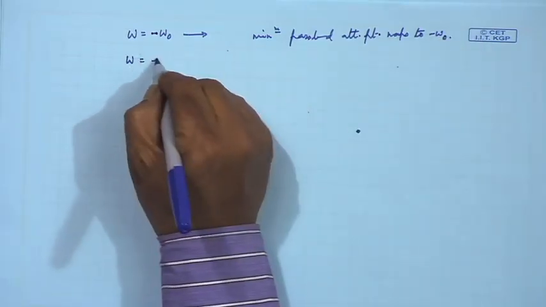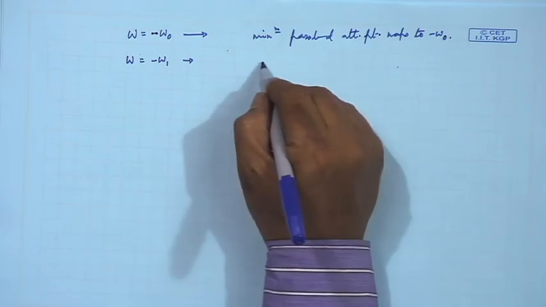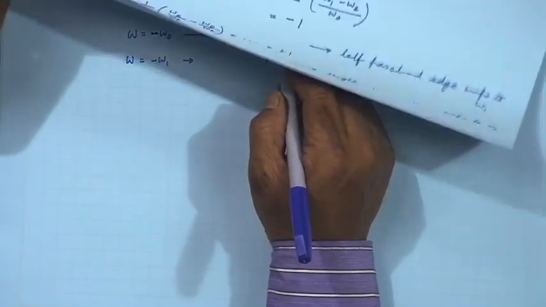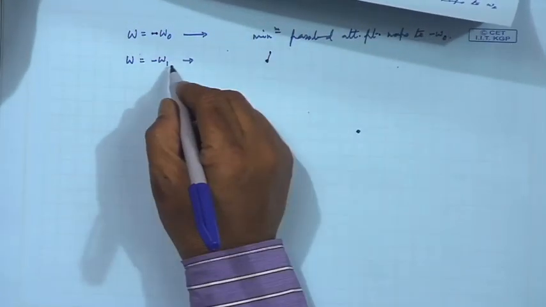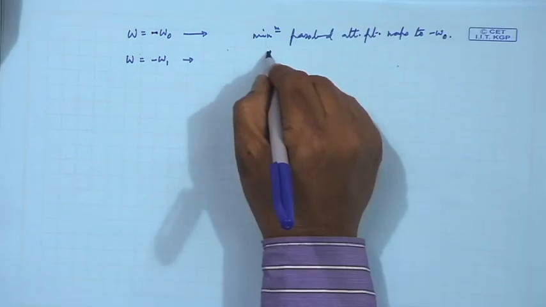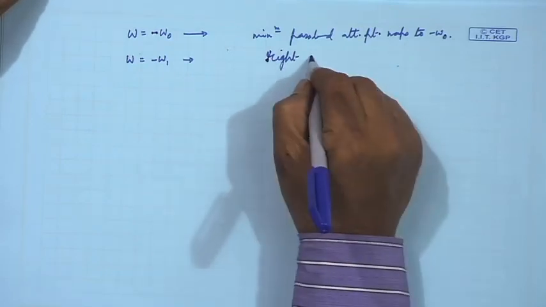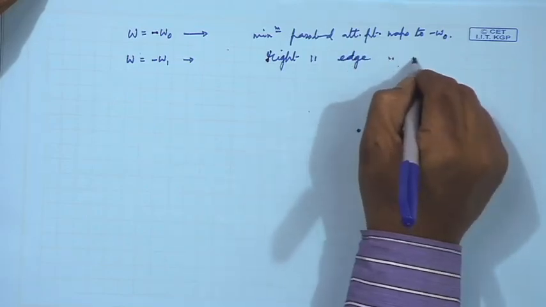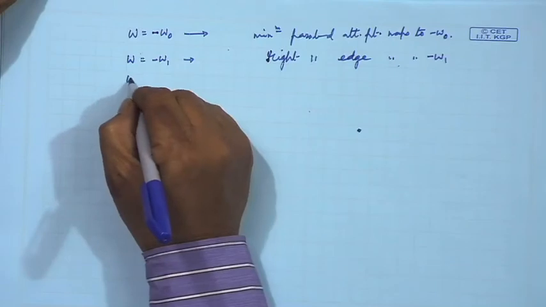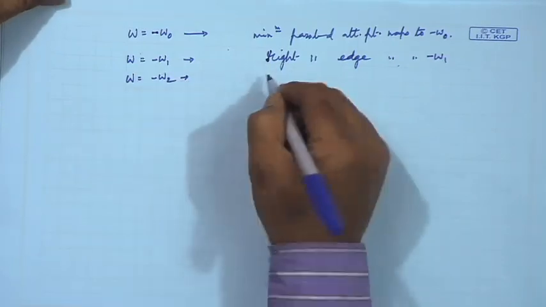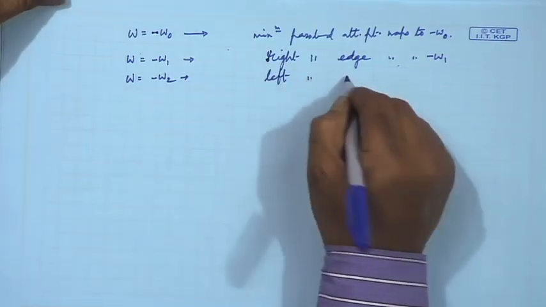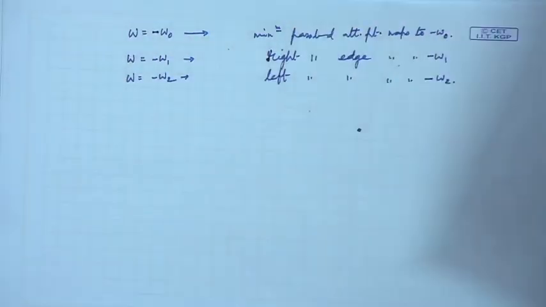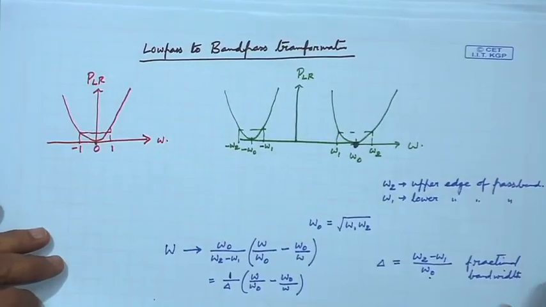If you take omega equal to minus 1, it maps to minus omega 1, that is, the right passband edge, instead of the left passband edge for positive frequency, maps to minus omega 1. For omega equal to minus omega 2, you will see the left passband edge maps to minus omega 2. So, you get a graph or plot like this.